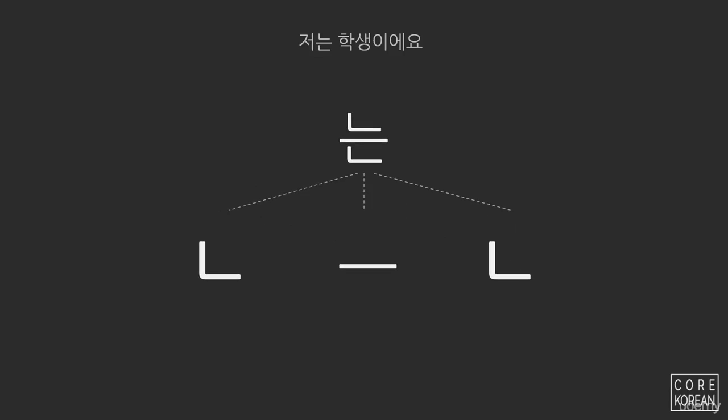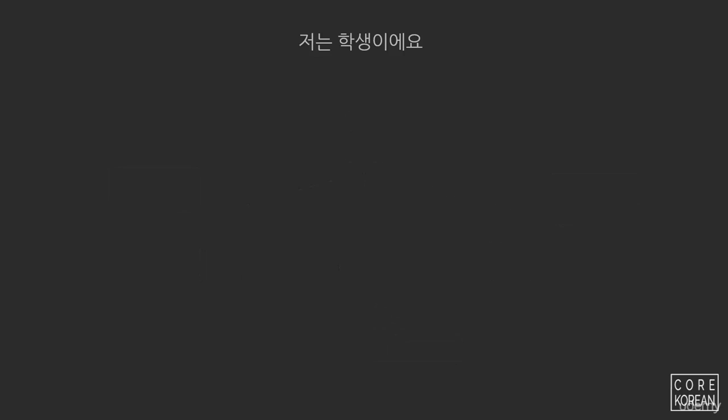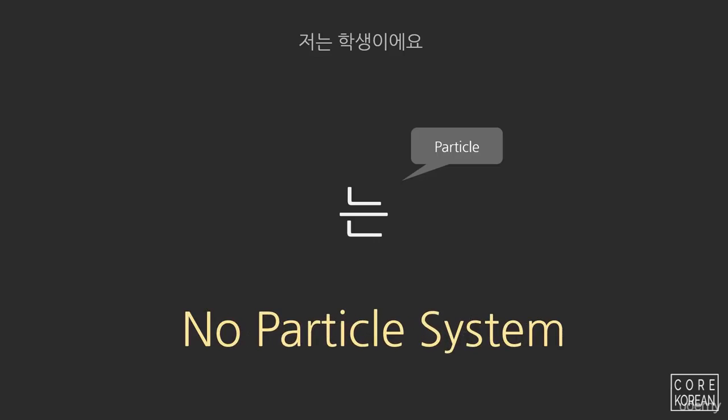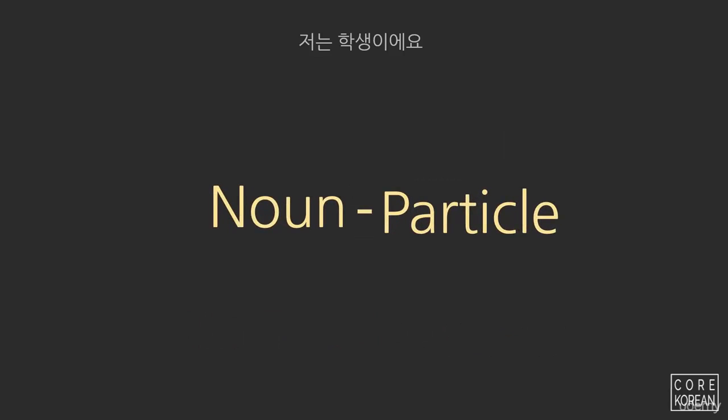Lastly, the letter you're going to learn is 는. 는 consists of three parts, a consonant, a vowel, and a consonant. 는 is used as a postpositional particle. Then what is that? English doesn't have a particle system as Korean and Japanese do. In Korean, a particle is attached to the end of a noun.